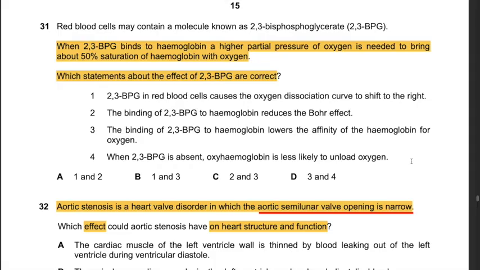That is correct. Why? Because when it binds to hemoglobin, a higher partial pressure of oxygen is needed to bring about the same saturation with oxygen, that is 50% saturation. Hence, the affinity towards oxygen is lowered due to the effect of 2,3-BPG binding to hemoglobin. Therefore, the answer is B, 1 and 3.